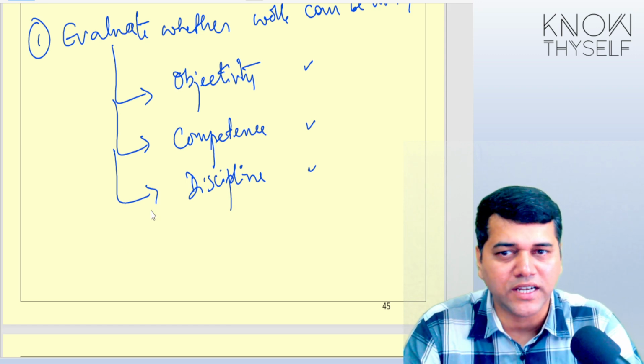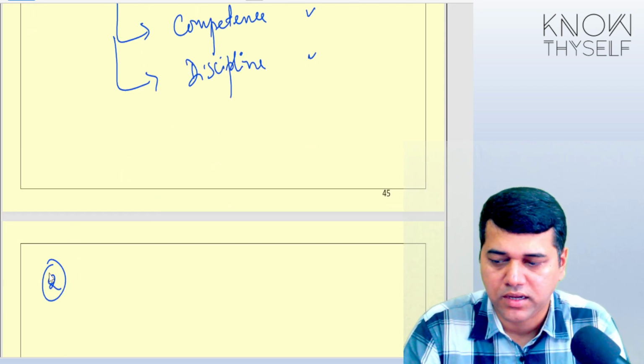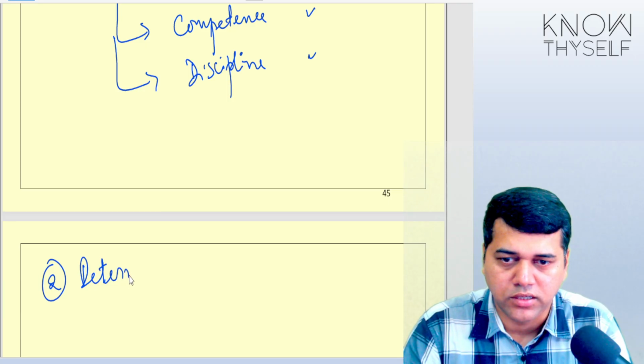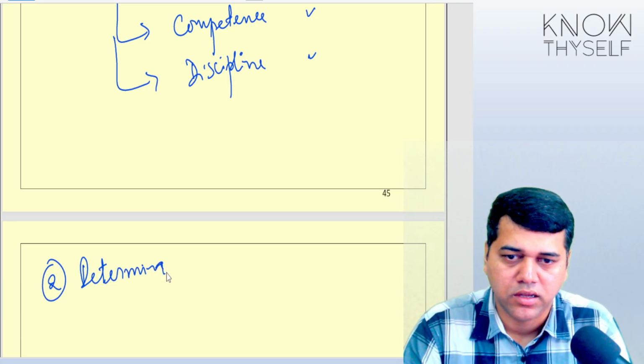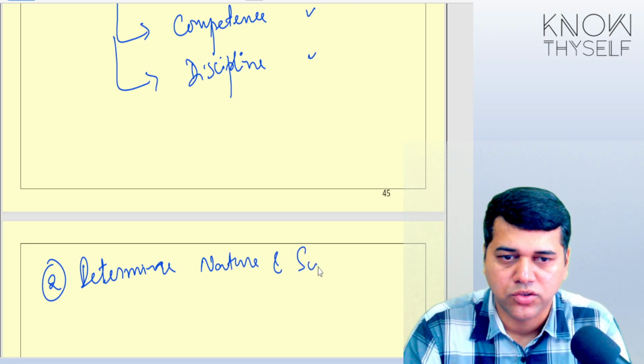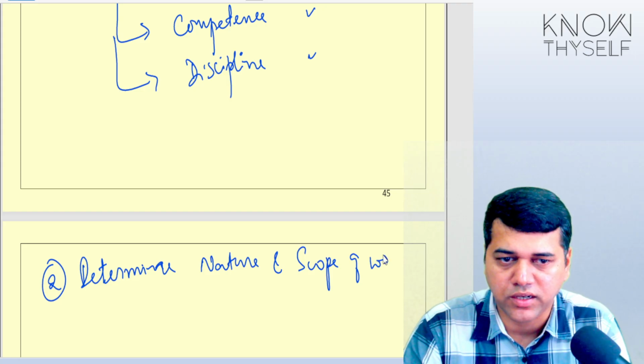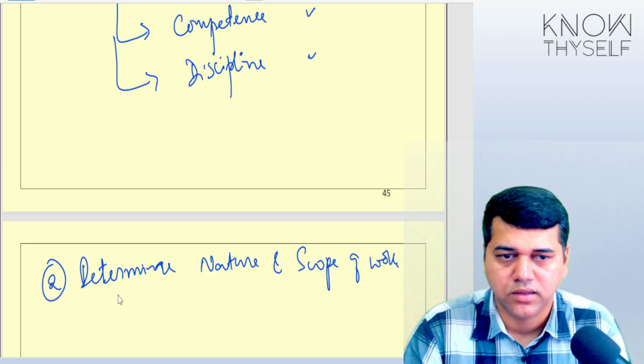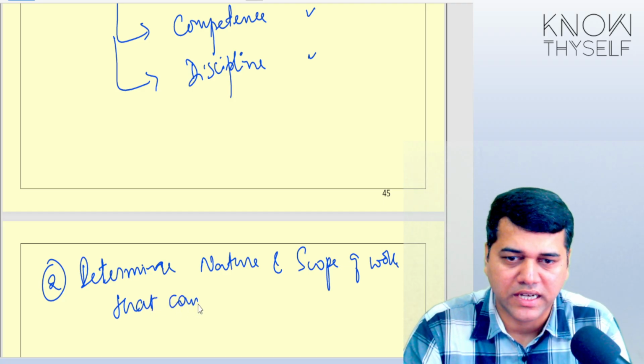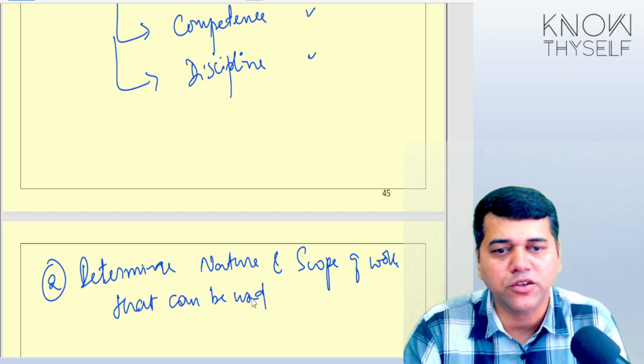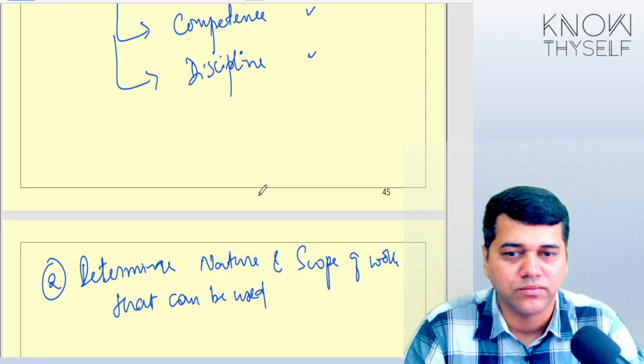Okay, so once you decide to use, second, determine nature and scope of work that can be used. Okay, now which work you will use, to what extent you will use?